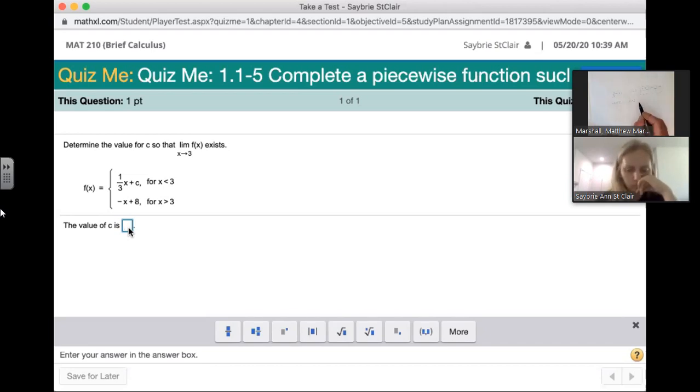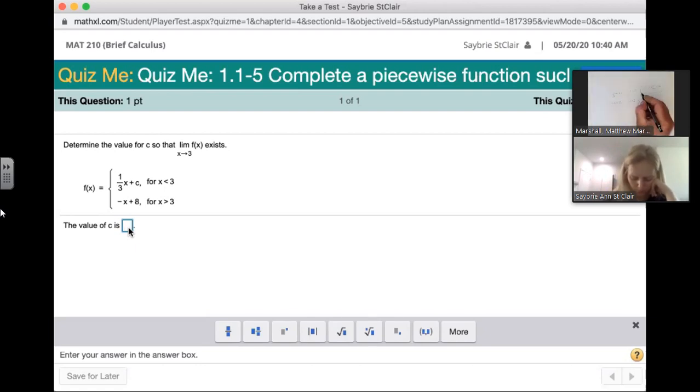And then because you're smart and caught the other one, the right limit is 3.1, 3.01, 3.001. Right?